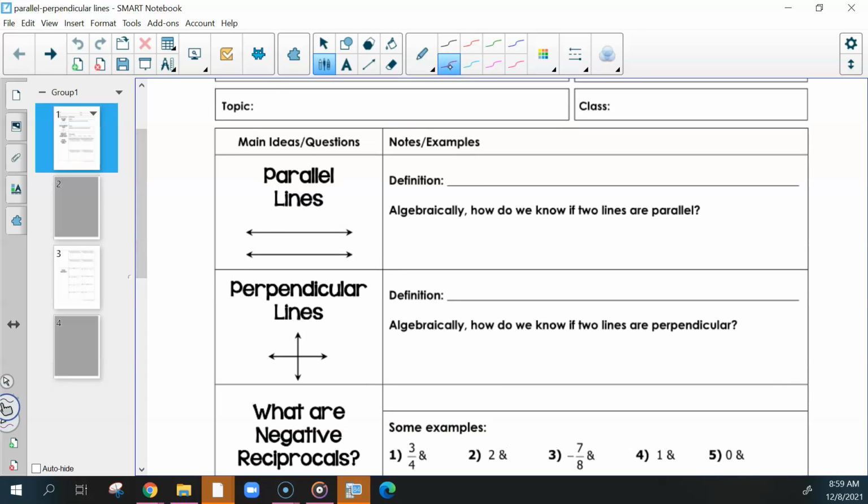So let's fill in these definitions first. These are going to really be like our rules. So the definition is going to be graphically, and then algebraically we'll do our rules. So the definition of parallel lines is two lines that never intersect.